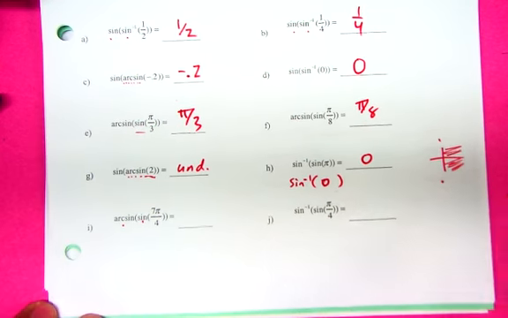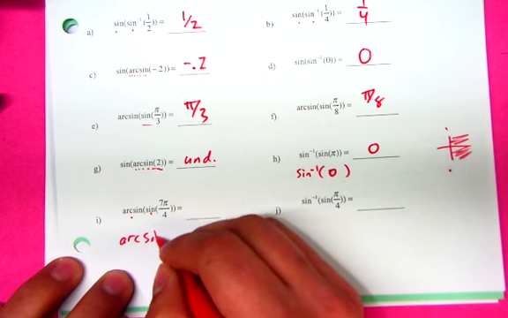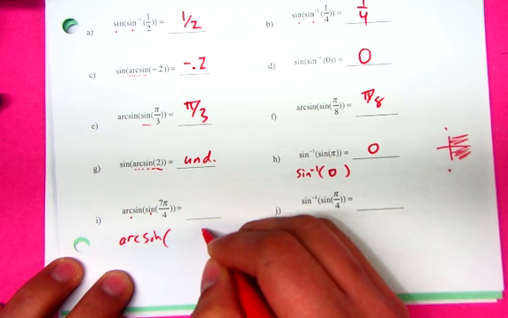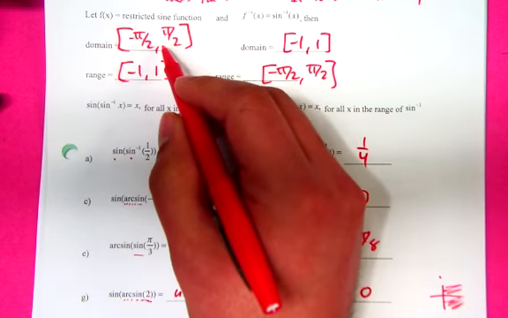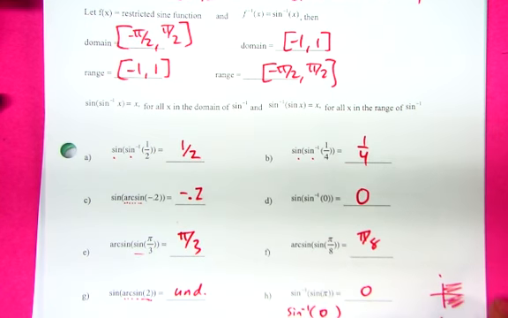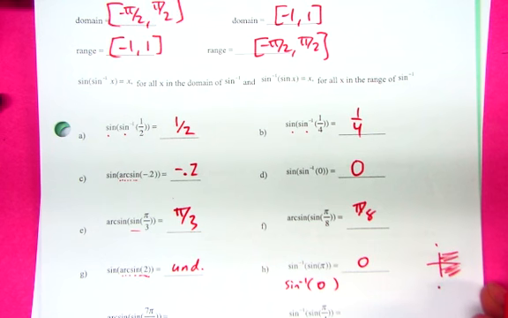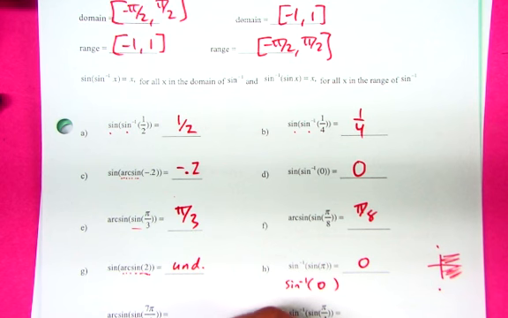If I do this one here, arc sine of 7 pi over 4. 7 pi over 4, is that in the domain? It's not, but can we figure it out? Can we work with that? What's the sine of 7 pi over 4? Negative root 2 over 2. So you guys see what I'm doing?